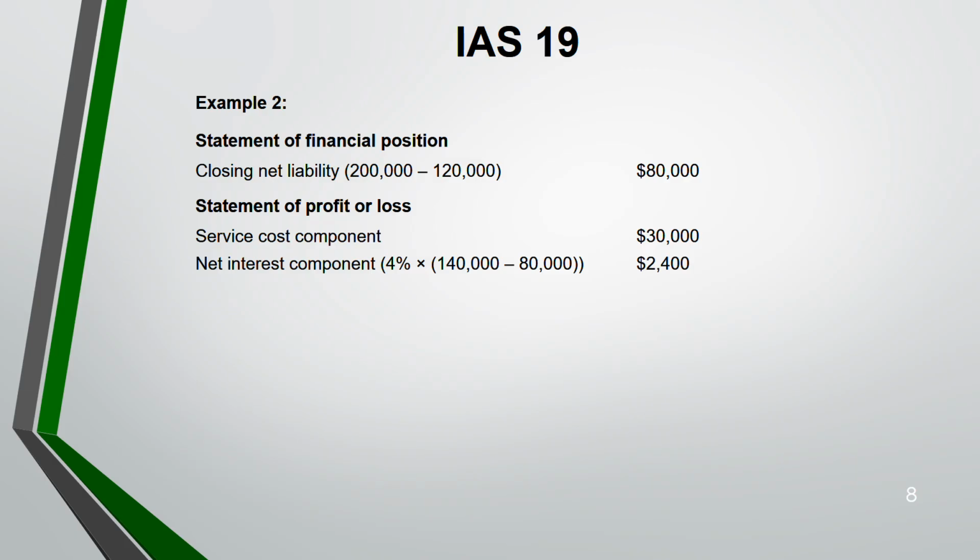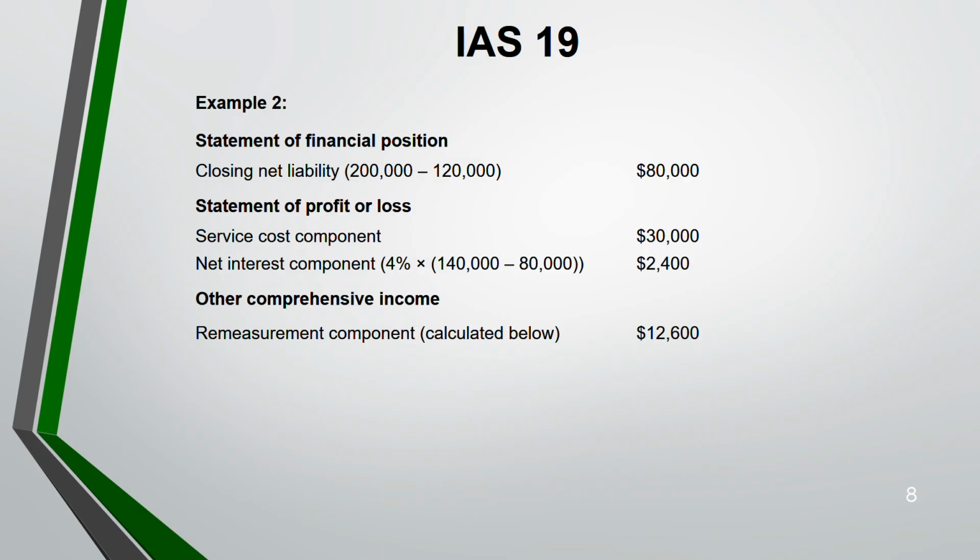Sorry. Net interest component you have to find on the opening balance. Closing balance will not. So that is simply, okay, your present value of obligation 140, fair value of plan asset 80. So the difference 140 minus 80, and you have to apply 4% interest, that is 2,400 will go.